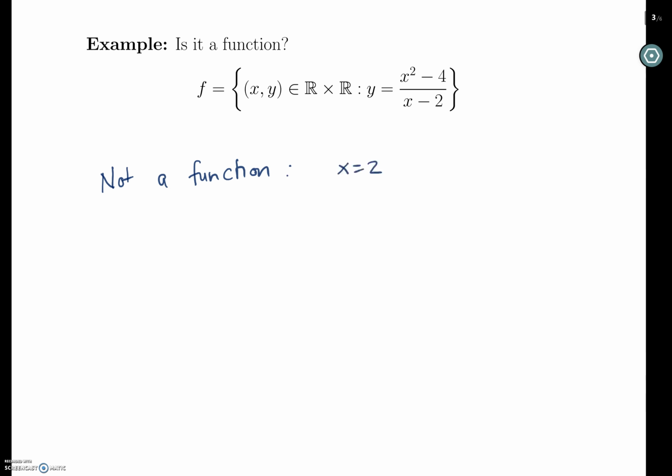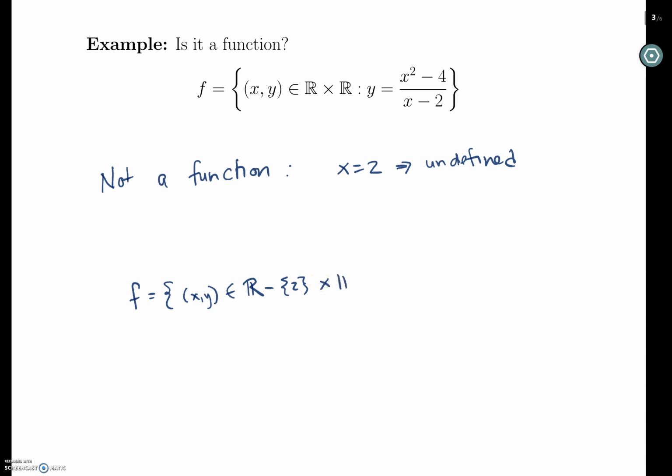At x equals 2, the function is undefined, so it would not produce any output. So in this case, it's not a function. If we wanted to make it a function, we could amend f to be the ordered pairs x, y that are elements of R. 2 is the only problematic element we have.